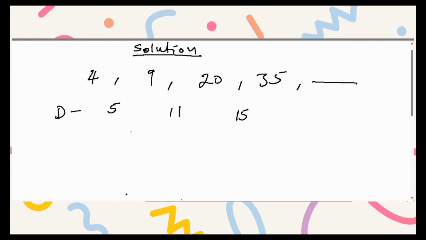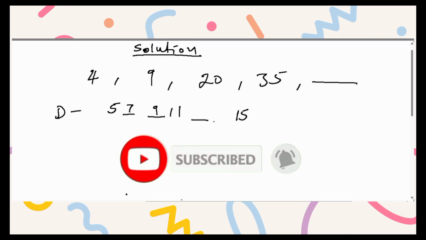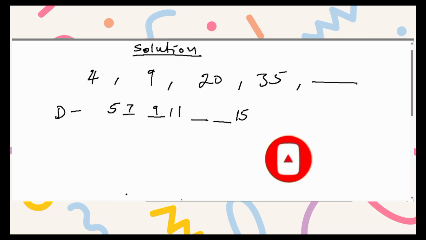But let us look at it in this way. Assuming that 5, 11, 15 are numbers that skip odd numbers, between 5 and 11 they have skipped two odd numbers, which are 7 and 9. Then after 11 they should also skip two odd numbers before getting to the next term.